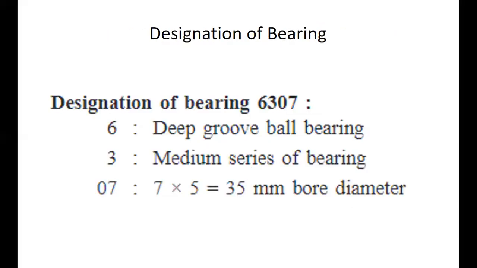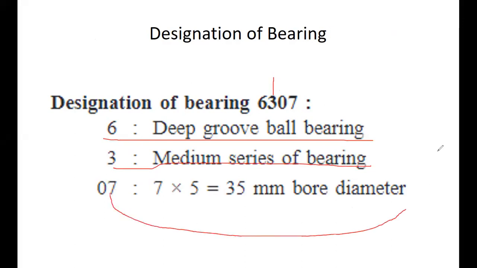Okay, let's start again. So I'm sharing a screen with you. Now let us go to another example. Here 6 indicates a single row deep groove ball bearing, 3 indicates a medium series, and whenever the number crosses 4, then you have to multiply it by 5.